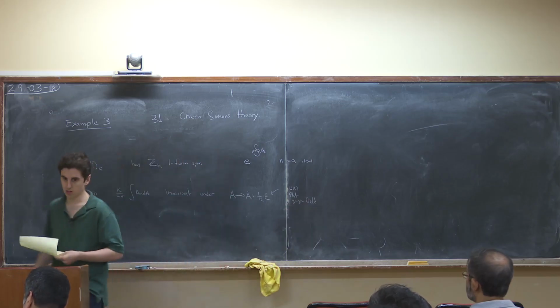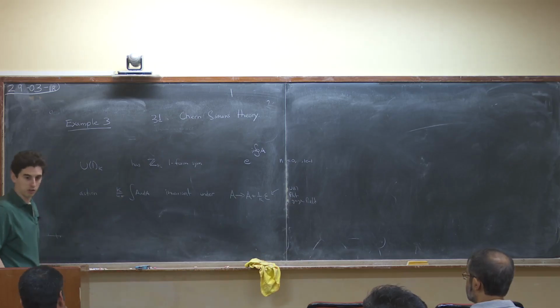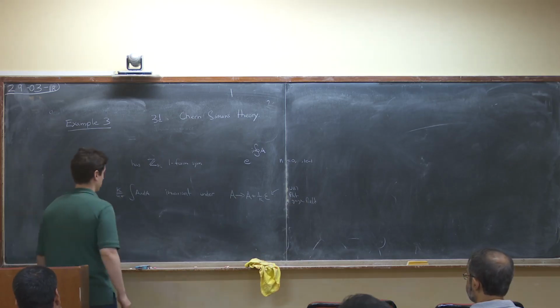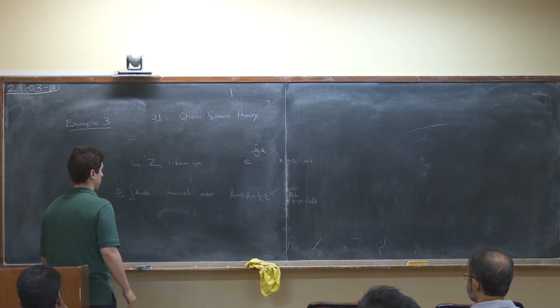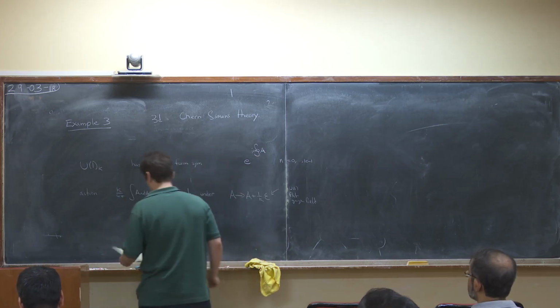So we saw a similar thing also in 4D, that shifting the connection by a flat connection was generated by a one-form symmetry. Here it's discrete though, so it's a Z_k.